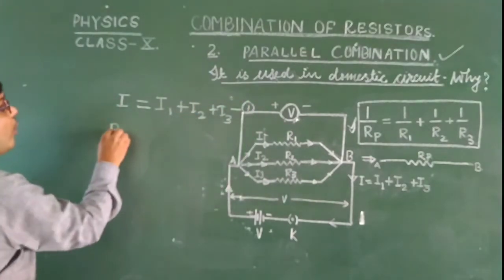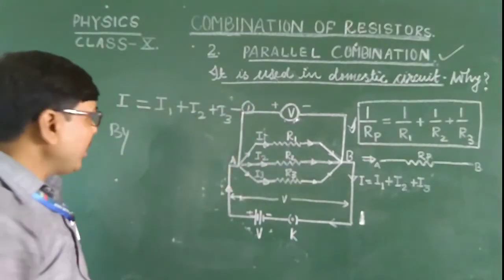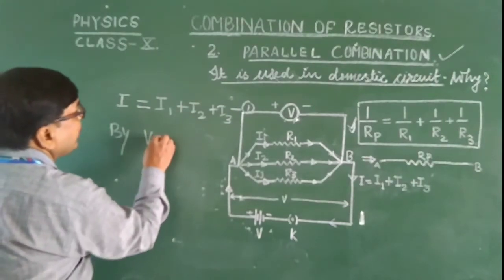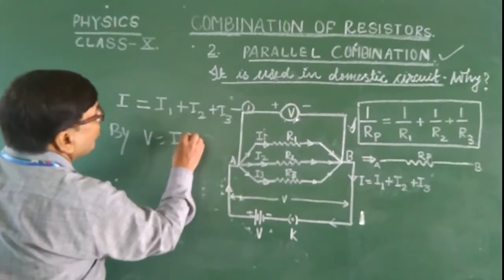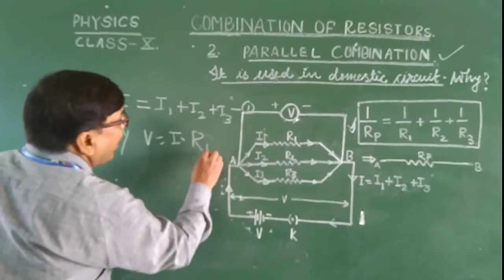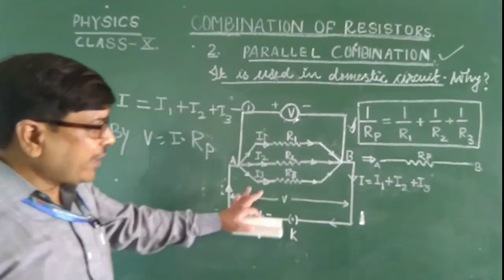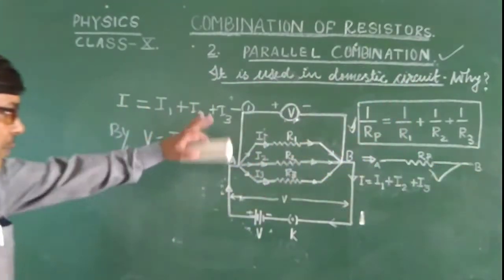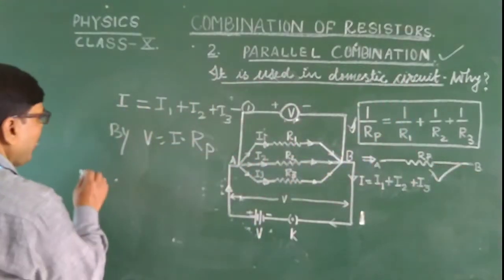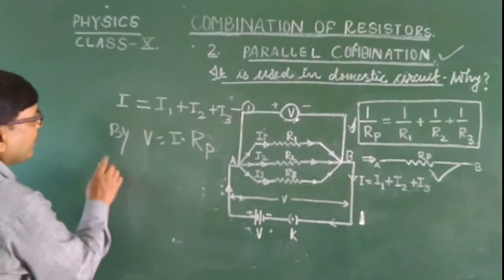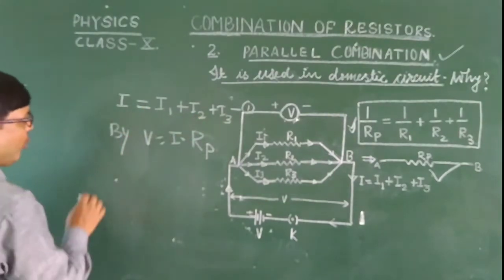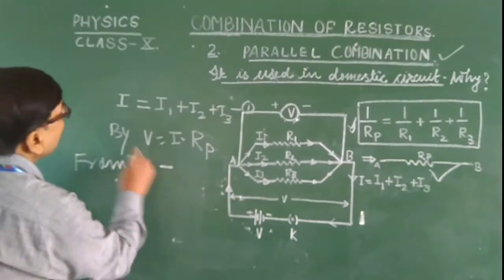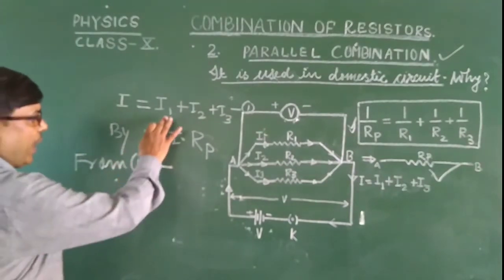By Ohm's law, V is equal to I into R. Supposing Rp is the equivalent resistance of the combination. Now, from equation 1, putting the value of V, I1, I2.